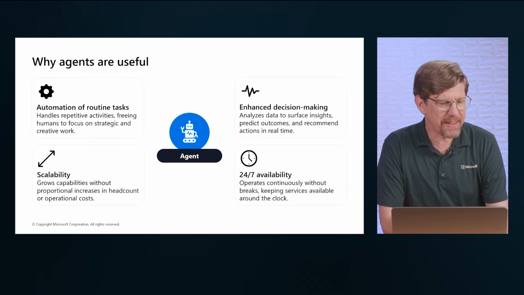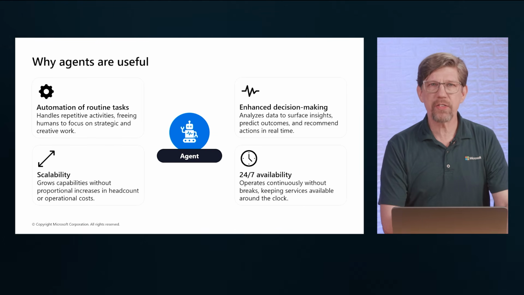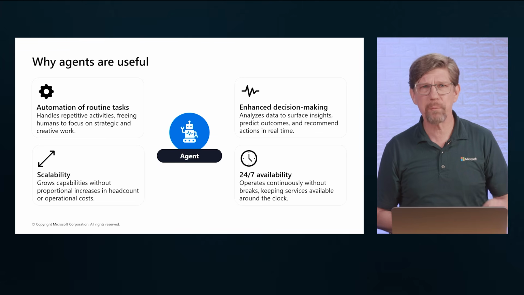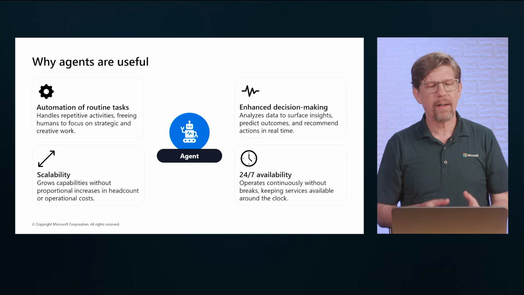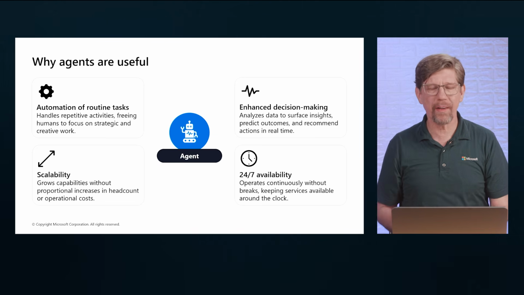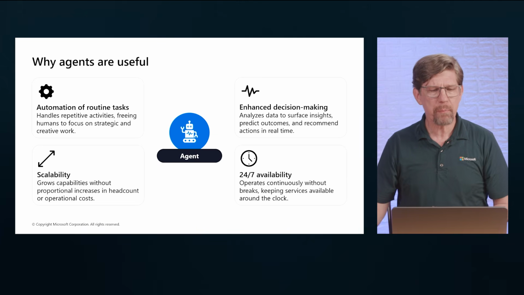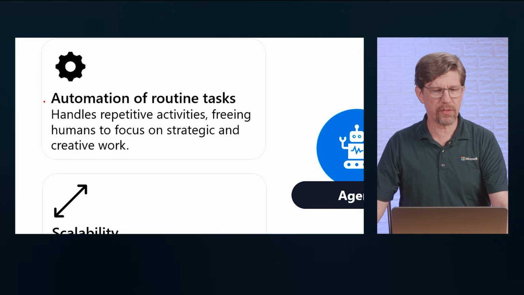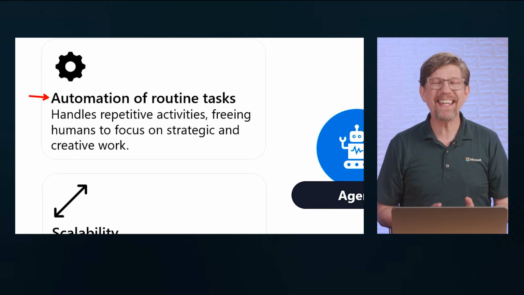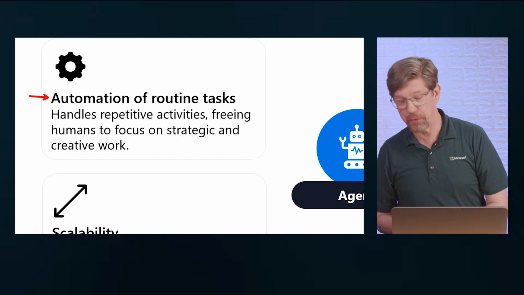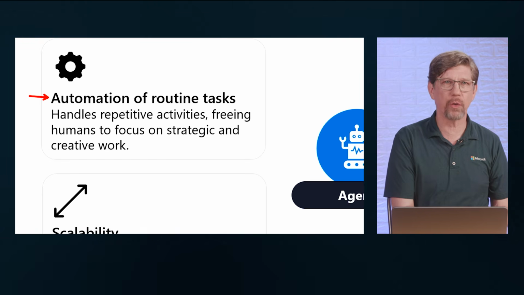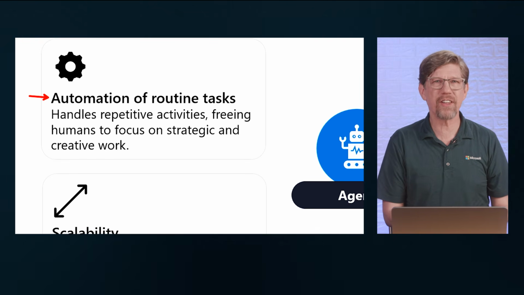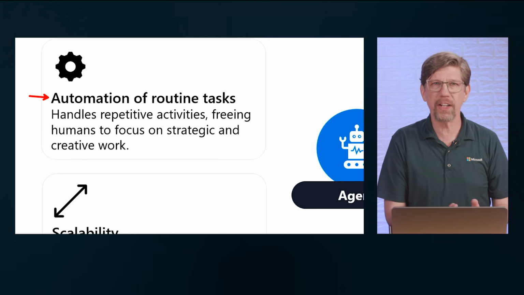So where are the areas that these are most effective? And this is just a start. You may have in your mind right now a collection of ideas where agents may be helpful. But one of the first areas is that of routine tasks. We can do the task ourselves. We have been doing the task for a long time, but the task doesn't require a full-on human.